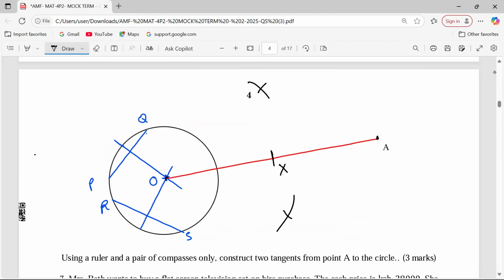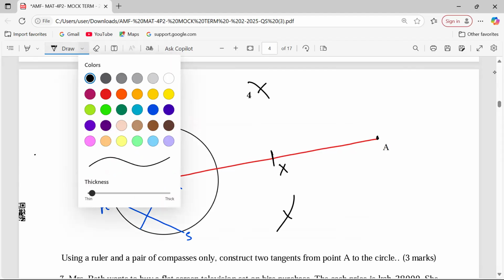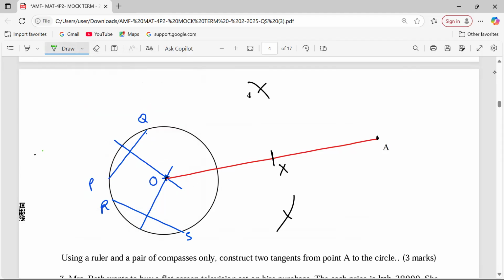To make an arc on both sides of the circle, let me now apply some different ink whereby I should stand at X. I'm standing at X, and the length that I'm using is OX. I hope you're mastering that procedure. I'm using my compass with an arc length OX, and I'm standing at X to make an arc on the upper part and to make an arc on the lower part that way.